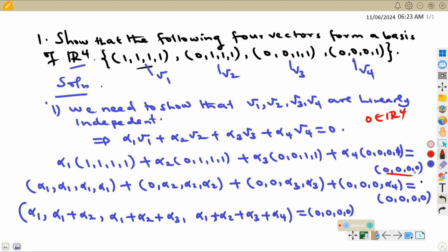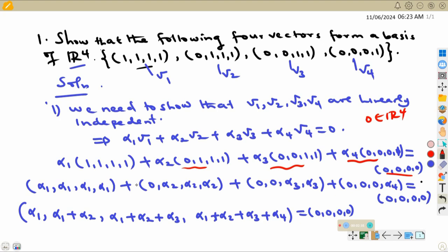So that is 0, 0, 0, 0. So we shall multiply alpha 1 into this vector, to get alpha 1, alpha 1, alpha 1, alpha 1. Then here we shall multiply alpha 2 into this, alpha 3 into this, and alpha 4 into that.